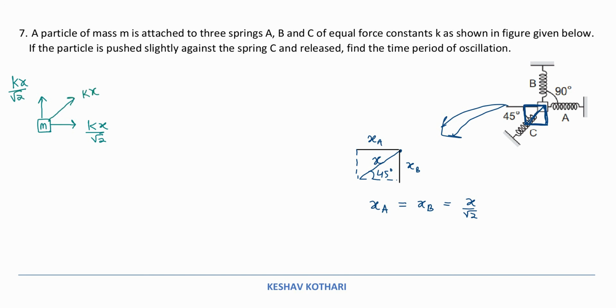So each spring is trying to restore the original position of the system. If I take the resultant due to B and A, they both will join the force which is exerted by C.